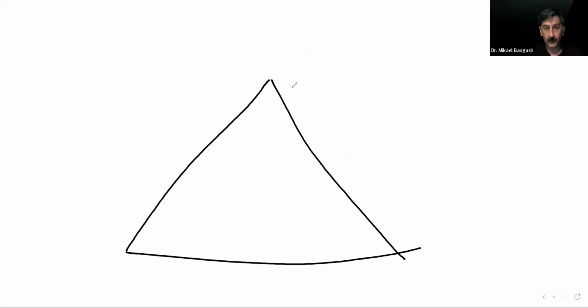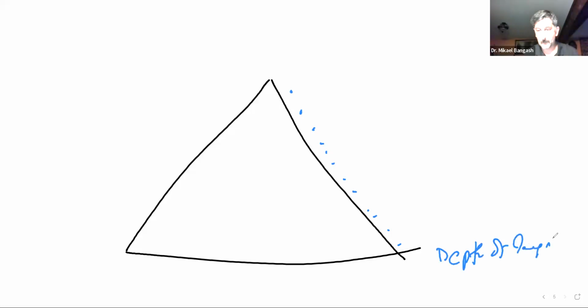And we may say, 1, 2, 3, 4, 5, 6, 7, 8, 9, 10, 11, 12. Let's say the depth of our image here is 12 centimeters. Depth of image, right?